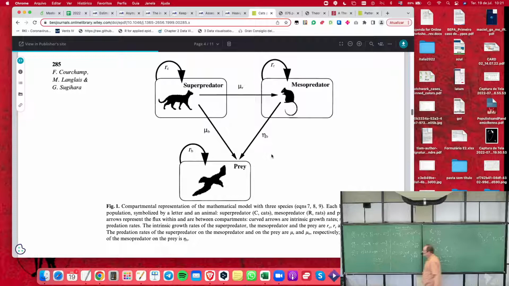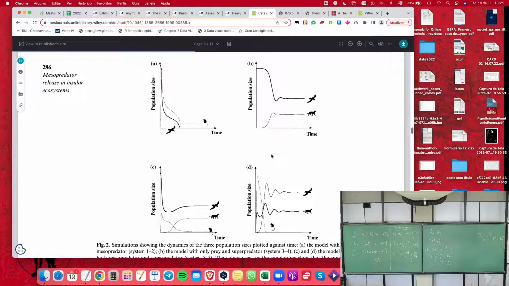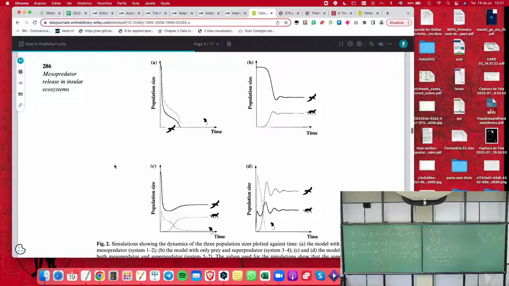So they plotted some nice figures here, which summarize what they found. It depends a little bit on the parameters. The first one is the mesopredator and birds going to 0. I'm not saying that always will happen, but it depends a little bit on the parameter values. But that kind of situation exists.